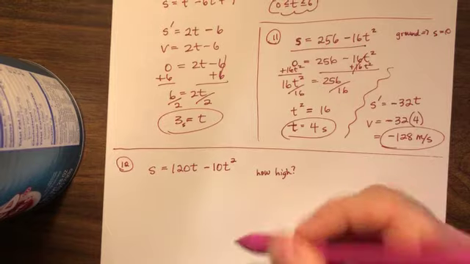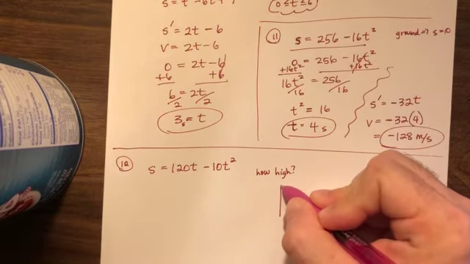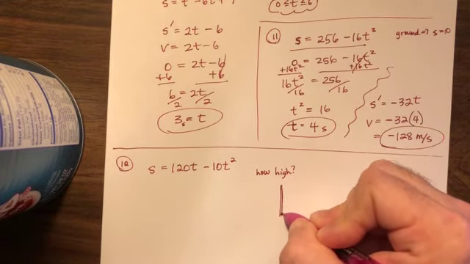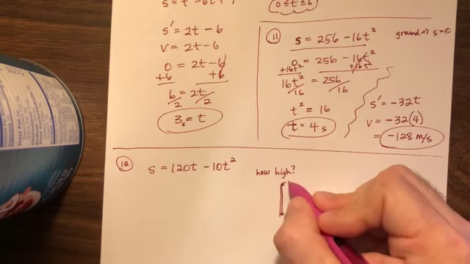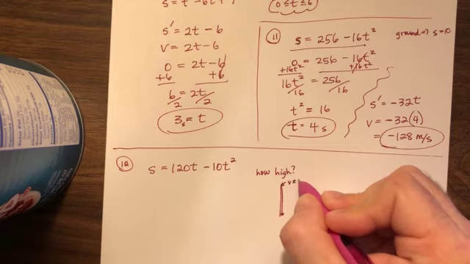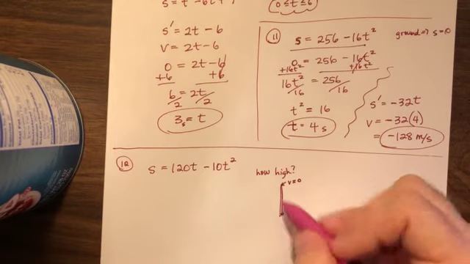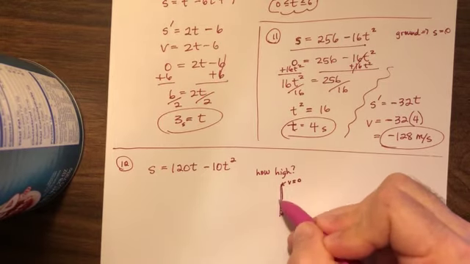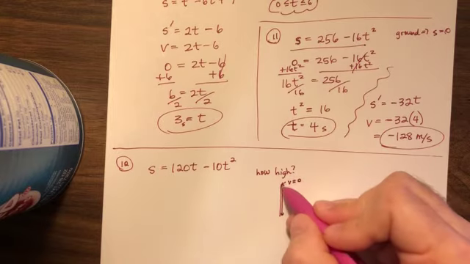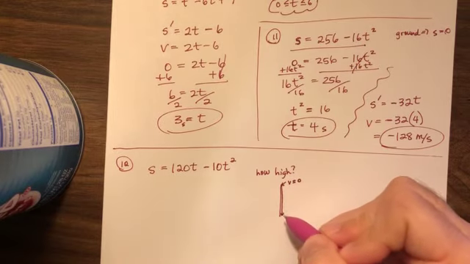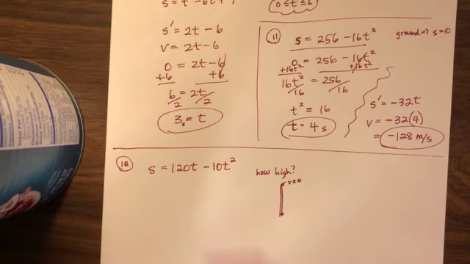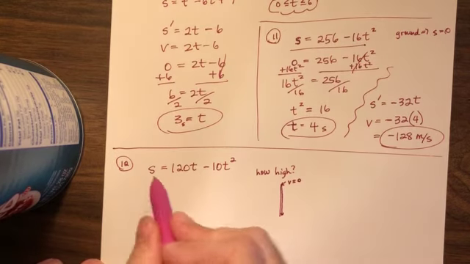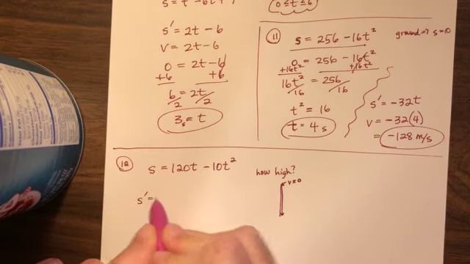If it's going all the way up to a certain point and then it starts coming back down, then right here, the velocity is 0. It goes from a positive velocity, if up is positive, to a negative velocity, where down is negative. So where it changes direction means that the velocity, the derivative, is 0. That's what they want to know.